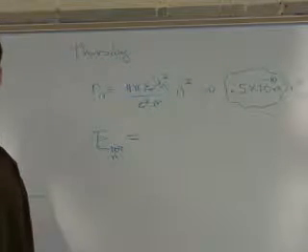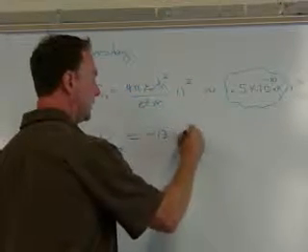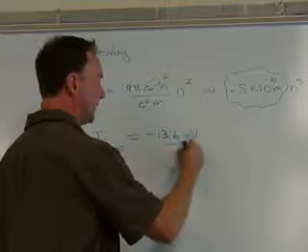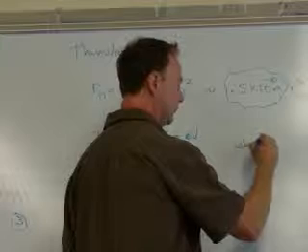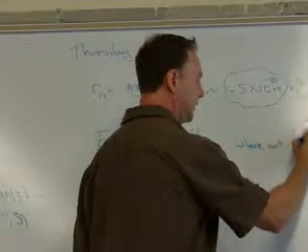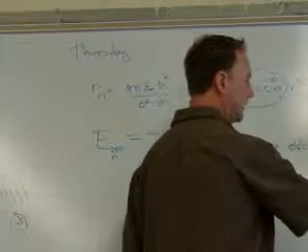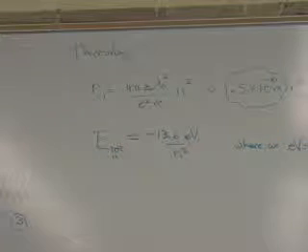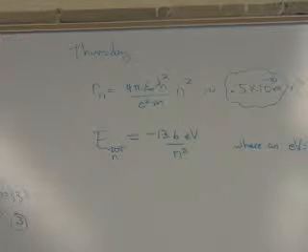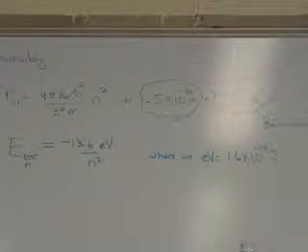But what it comes out to be is minus 13.6 eV over n squared, where an eV is equal to 1.6 times 10 to the minus 19 joules. So an eV is called an electron volt, and an electron volt is the amount of energy, 1.6 times 10 to the minus 19 joules.